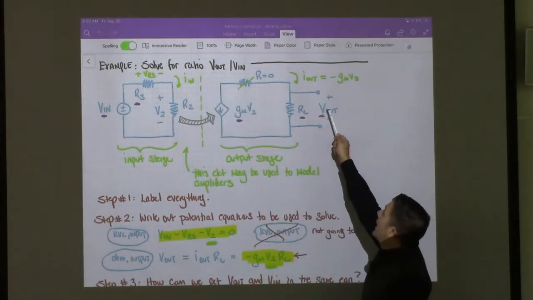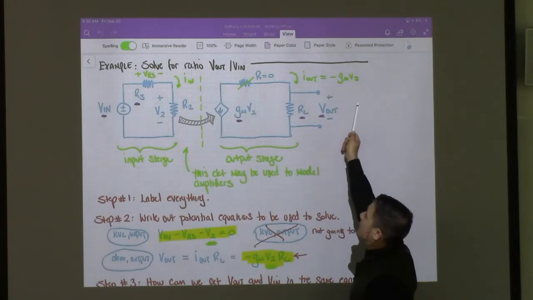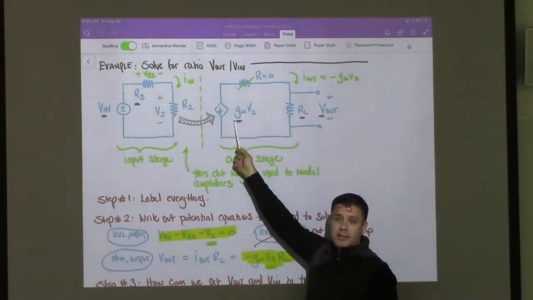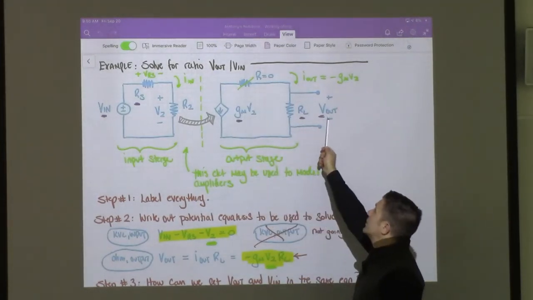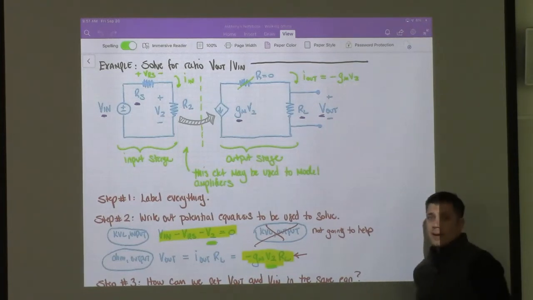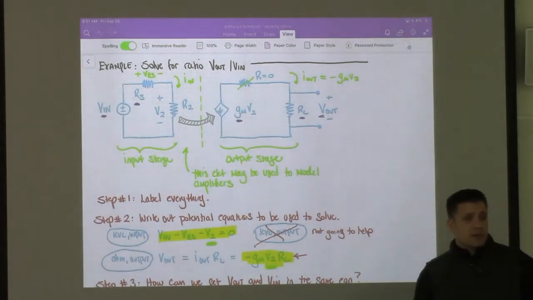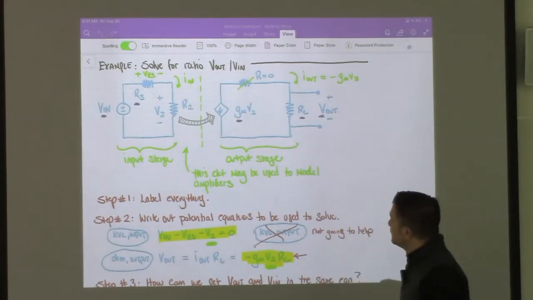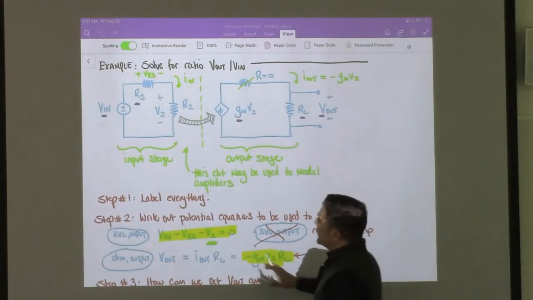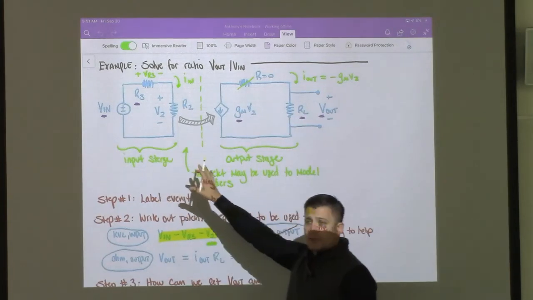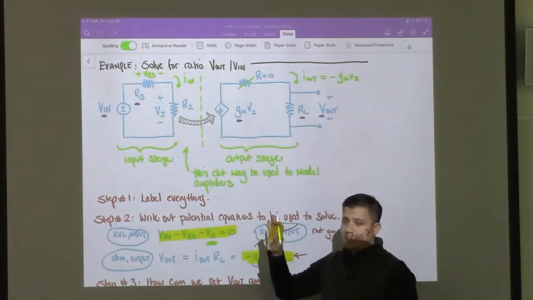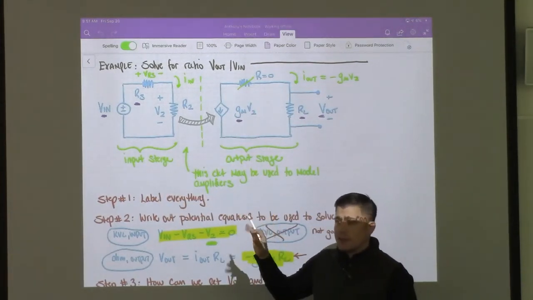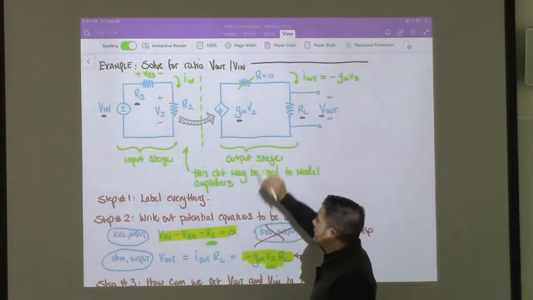Although we know that I out is simply going to be minus GM V2 because it flows in the opposite direction of the source. I just defined it like this so it would match the polarity of V out according to the passive sign convention. We're going to call this the input stage, and this is terminology we take from when we start talking about amplifiers, and we're going to call this the output stage.